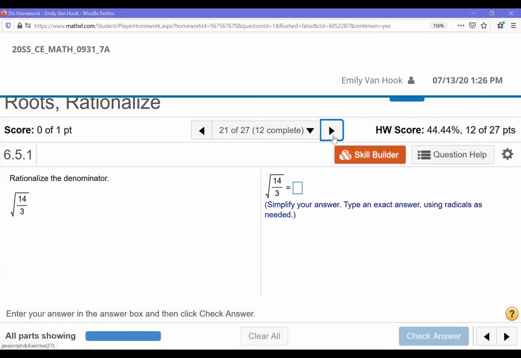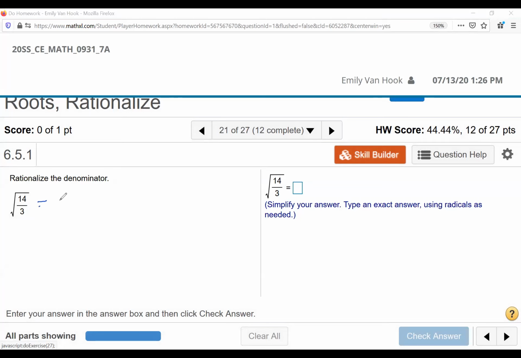Okay, number 21 through the end of the assignment, now we are rationalizing the denominator. So here's number 21. It's the square root of 14 over 3. Here's what we would do. Rewrite it as the square root of 14 over the square root of 3. And then remember, to rationalize the denominator, we're going to multiply by whatever the square root is in the denominator.